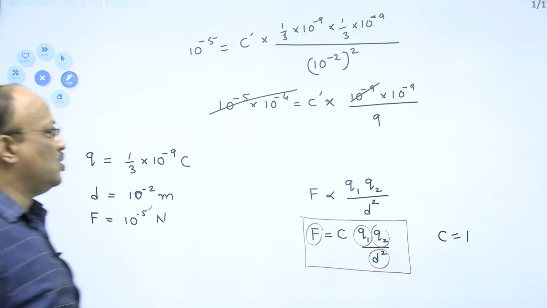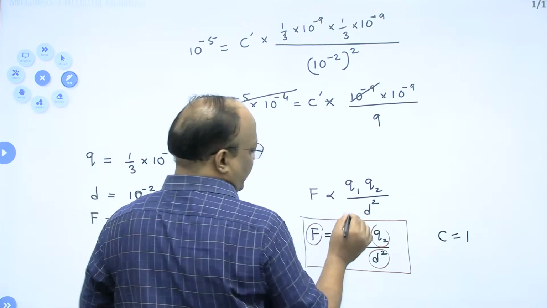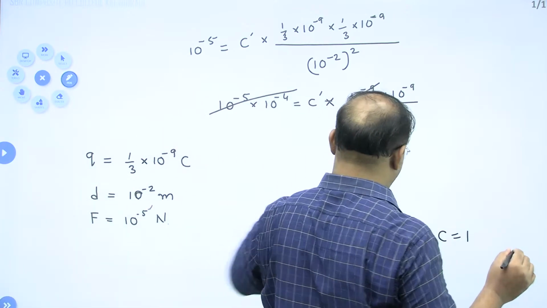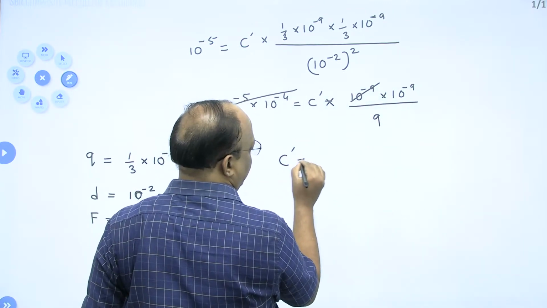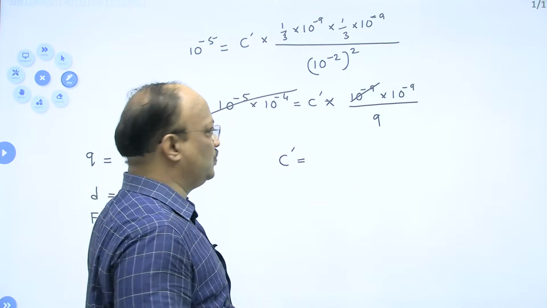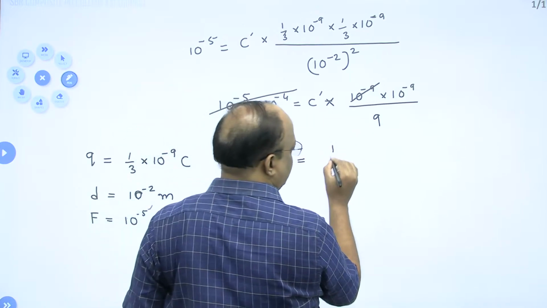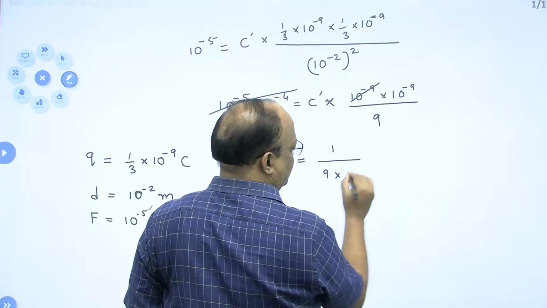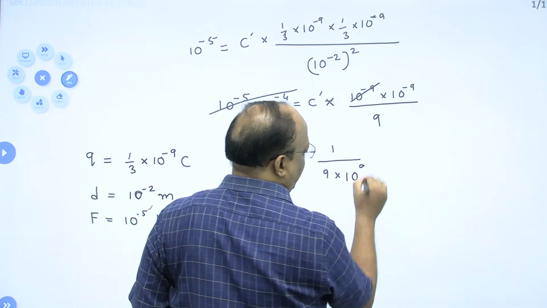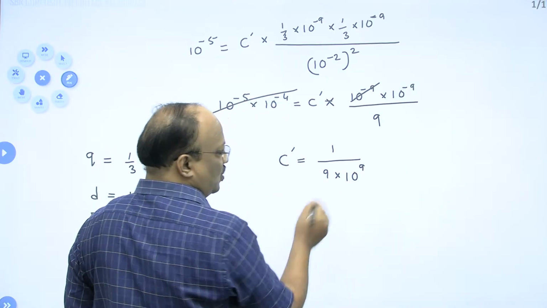So C dash is equal to 1 by 9 into, if this is brought down, 10 to the power of 9.